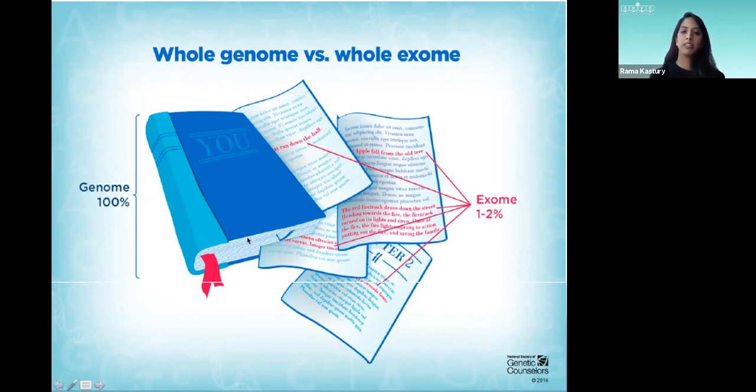We would be looking through all of the pages in the baby's book of DNA. When we say whole exome, we're looking at specific important paragraphs that are important for the baby's genes and function. And then whole genome, which we have not gotten to on a clinical basis, literally reads through every single letter in your baby's book of DNA.